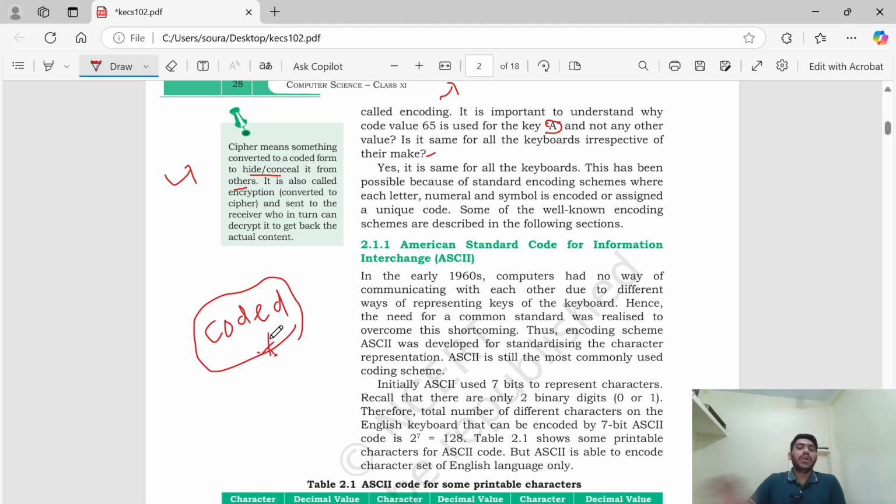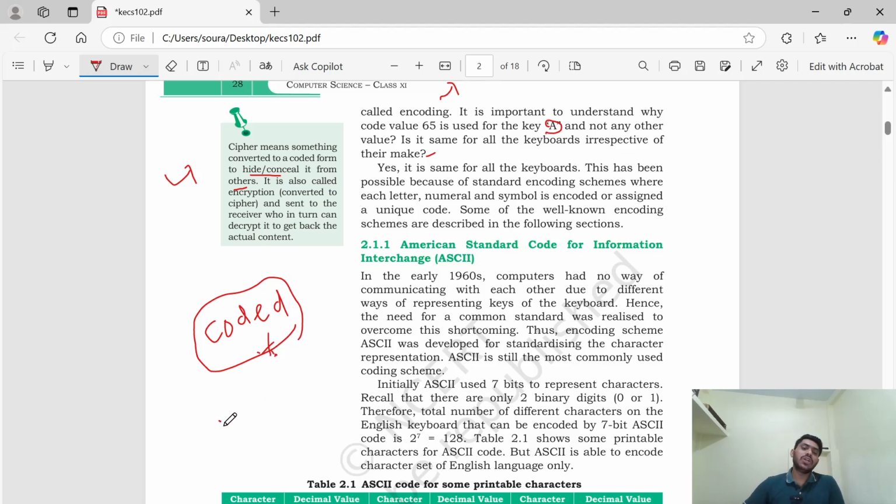Encryption means protecting our data in a confidential manner. That is what encryption is. Data is converted to cipher and sent to the receiver, who in turn can decrypt it to get back the actual content. So whenever you are sending content, it should go through an encrypted format, so that no one will hack or lose your data, and after it reaches the proper destination, it will be decrypted.